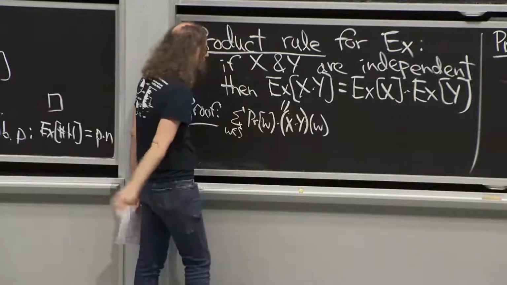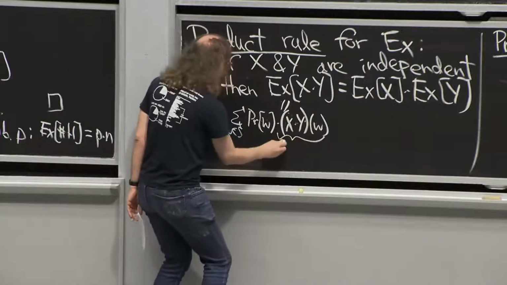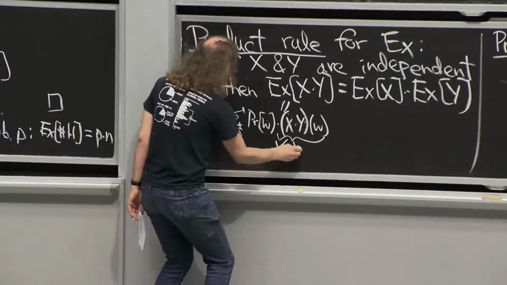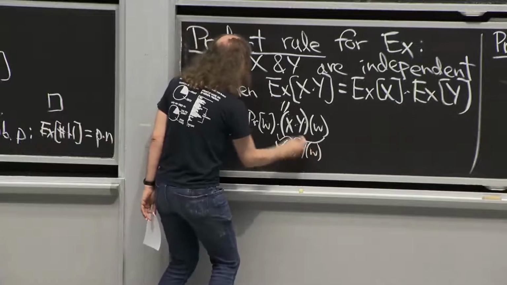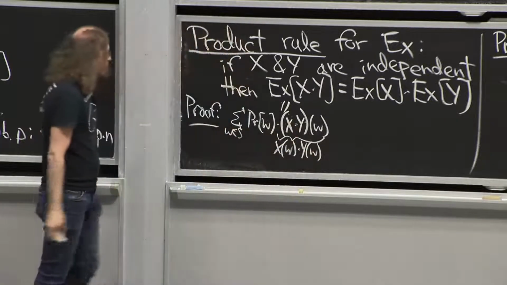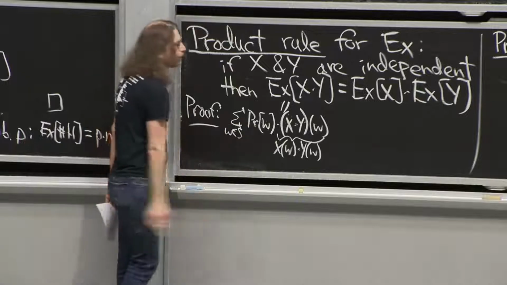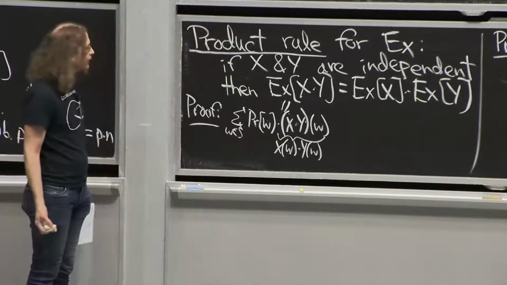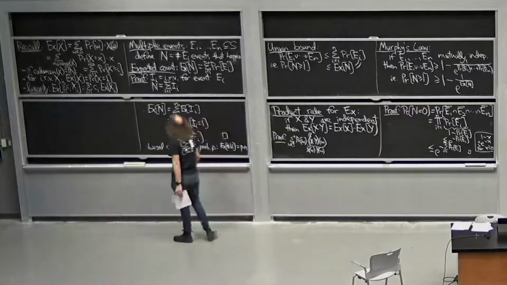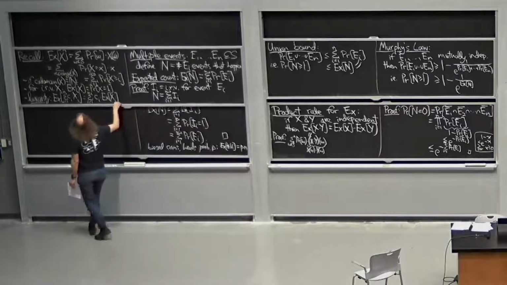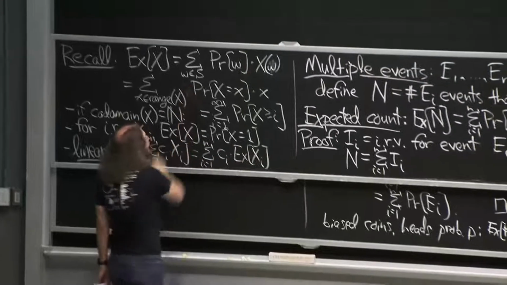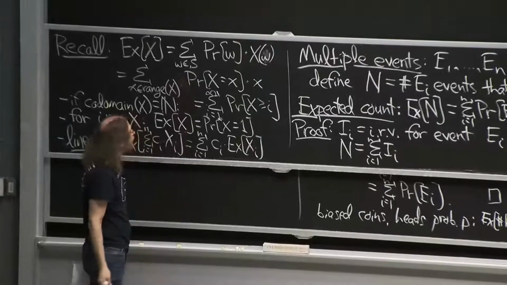We evaluate it at that outcome. This is the same thing as taking X of the outcome and multiplying by Y of the outcome. That's the definition of this product function. And then we multiply by the probability of the outcome and sum them up. That's the deal.